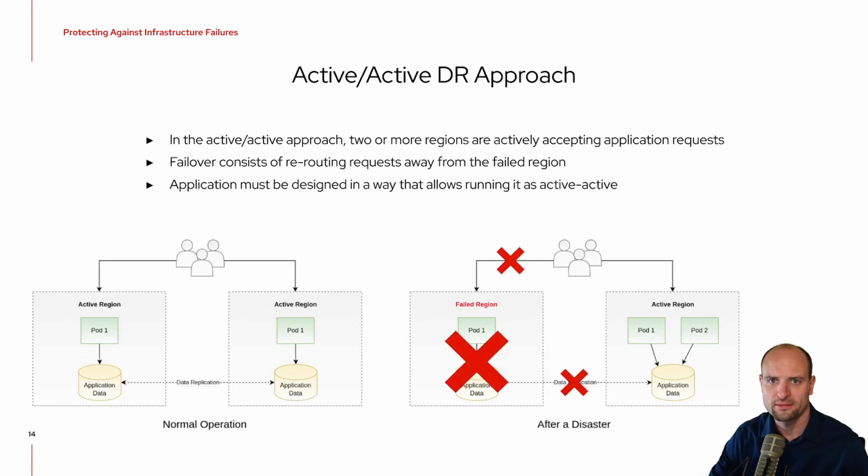Let's start with the active-active approach. In the diagram on the left side, I'm showing the normal operation, where you can see that the traffic is routed to both regions at the same time, and so both regions actively serve the application traffic. In the case of a disaster in the region, we just reroute the traffic to the remaining regions.